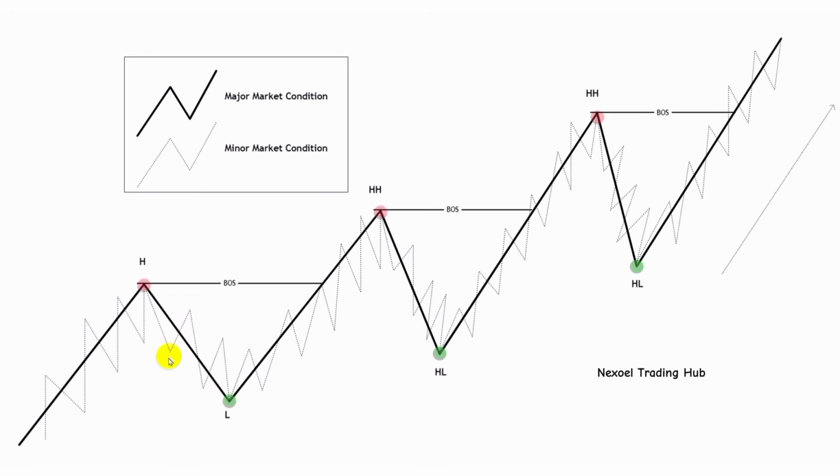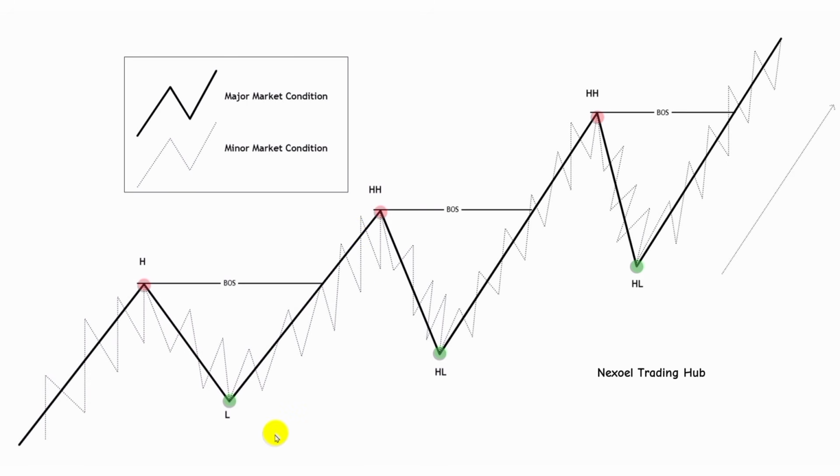That doesn't mean the overall market condition is now bearish. No, it is just a pullback leg move to the downside for price to retest a zone within the impulsive leg move, and then we have the continuation to the upside.